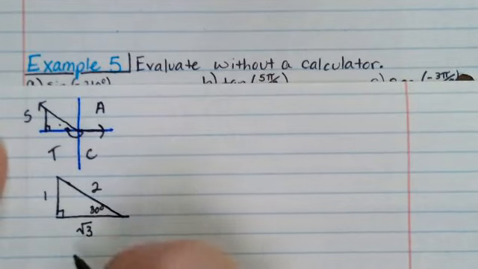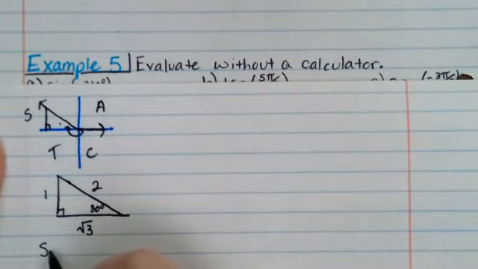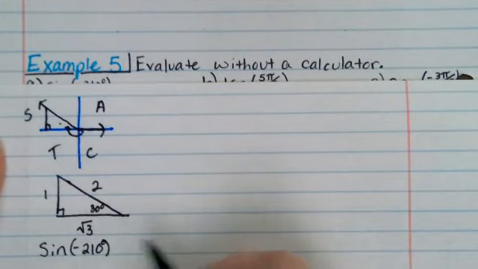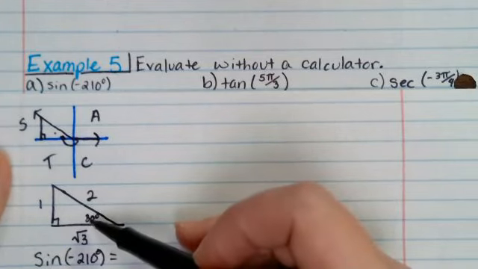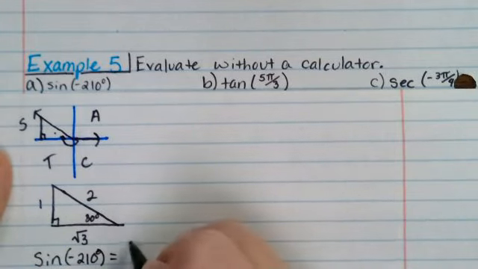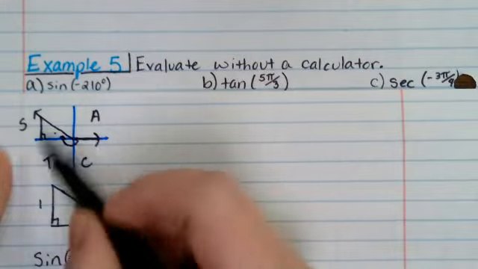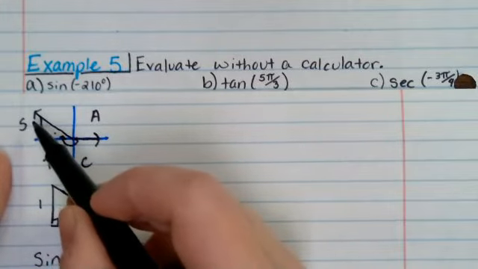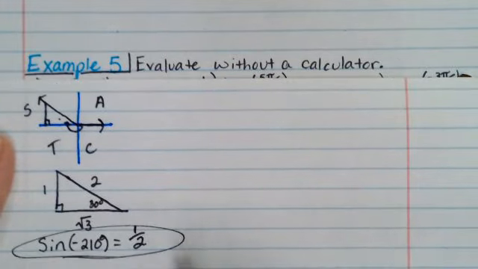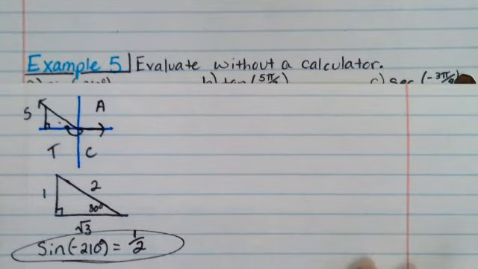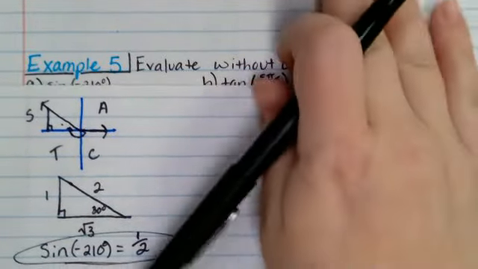So when I want sine of negative 210 degrees, that's actually all I need to do now is look at the opposite over hypotenuse. 1 over 2. Double check, do I have the right sign? Yes, sine is positive in this quadrant, so my answer is positive. Okay, so the triangles are like your work in this case.